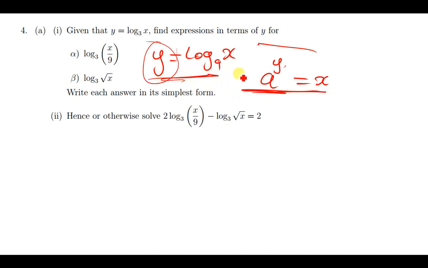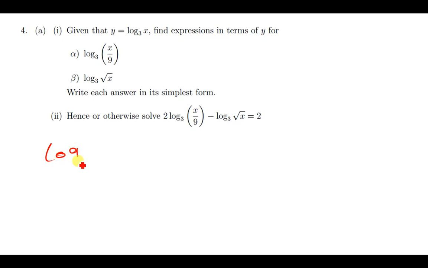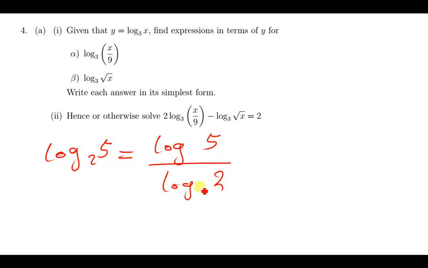The other thing that is more important is converting from one log to another. So if you have log 5 base 2 and you want to convert this to base 6, this is just going to be equal to log 5 over log 2, with base 6 on both.